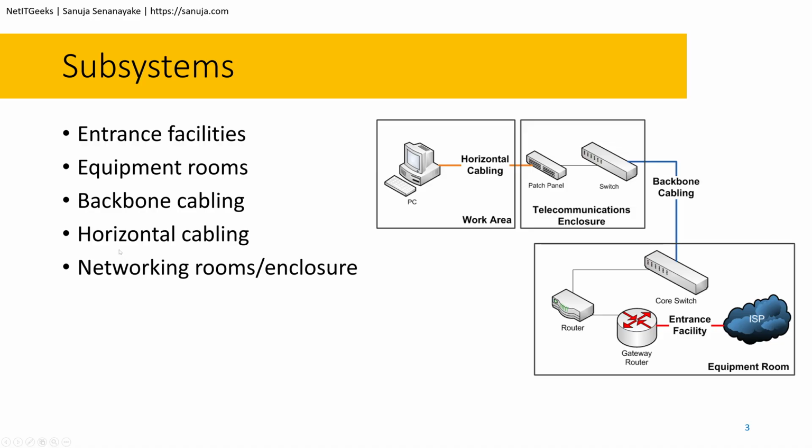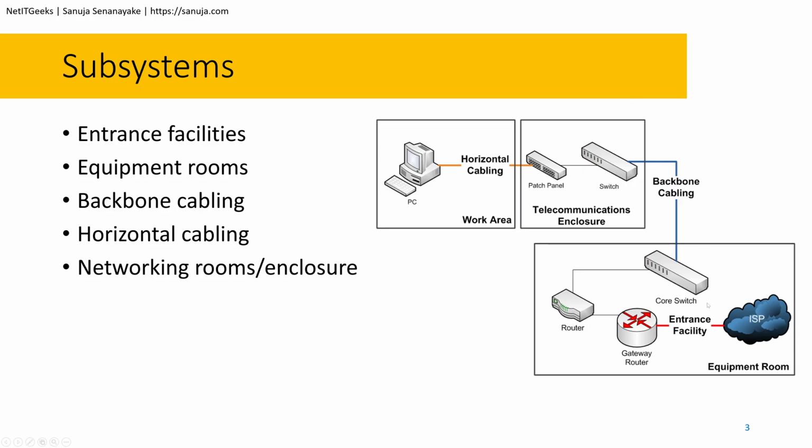As I mentioned, most IT technicians in the industry will be working between the horizontal cabling subsystem and the networking rooms and enclosure subsystem. So I will be focusing a lot of my material on these two items, but I will also cover some entrance facility, equipment rooms, and backbone related items as we progress through this course.